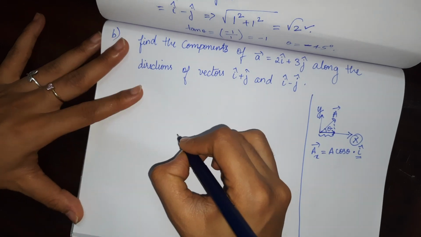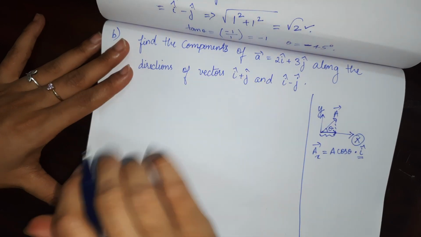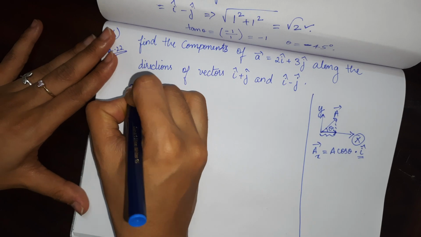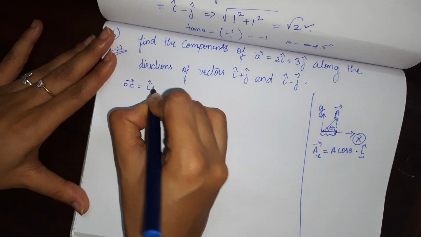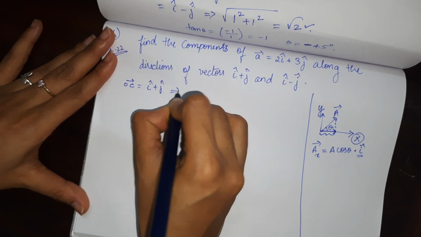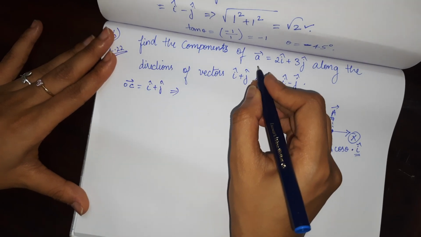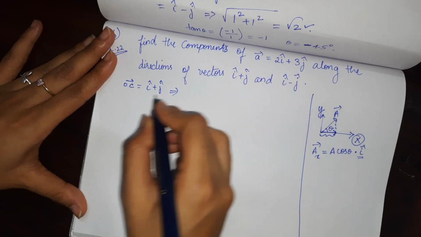I'll not draw a diagram here, I'll just write it conceptually. So let us see here, OC vector we have written as i cap plus j cap. And here you want to find the component of A vector on OC vector.